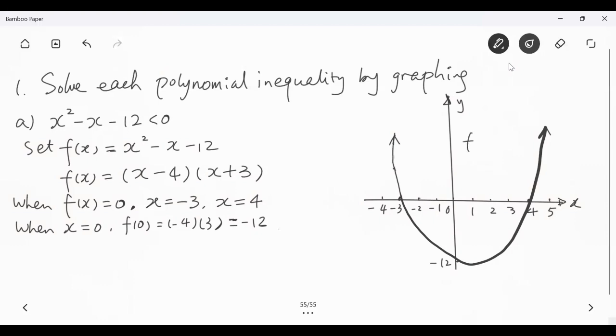This is f(x) equals x squared minus x minus 12. And then we go back to the inequality, less than 0.